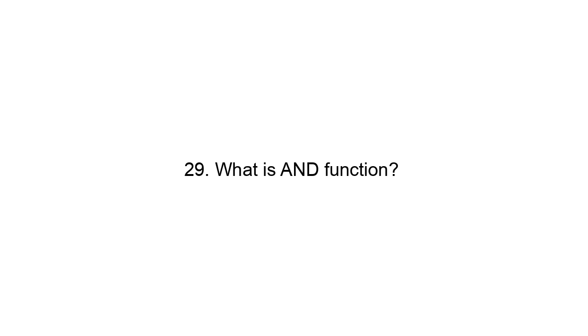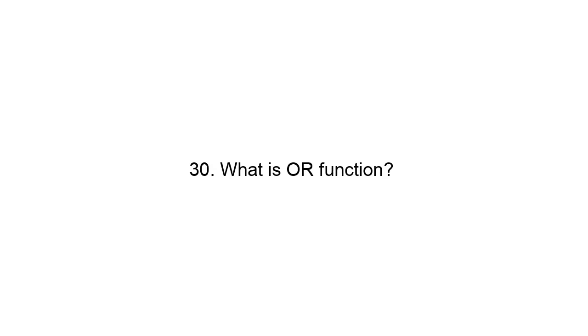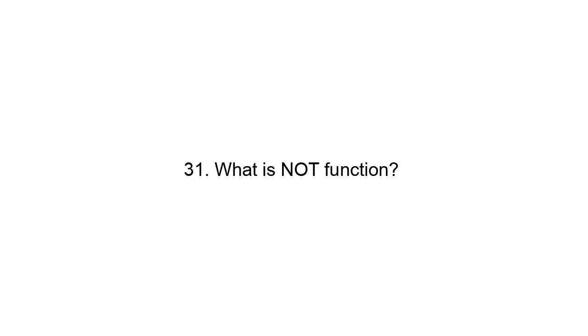29. What is the AND function? It returns true if all conditions are true. 30. What is the OR function? It returns true if any condition is true. 31. What is the NOT function? It reverses the logical result. 32. What is the CONCAT function? It combines text values.